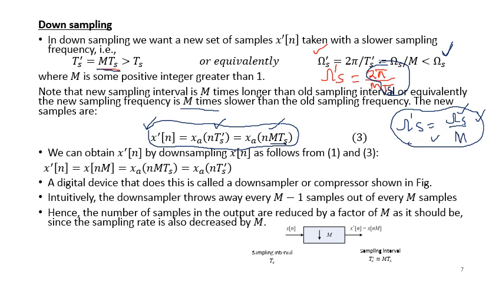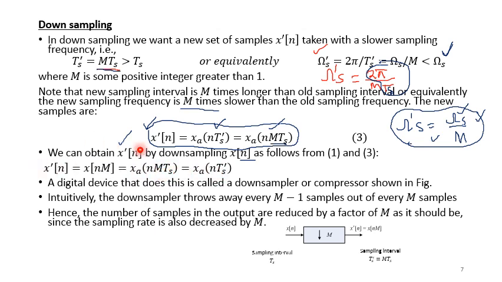That means x'(n) is the downsampled version of x(n), which we can write as x'(n) equals x(nM), and x(nM) equals x_a(n M Ts).